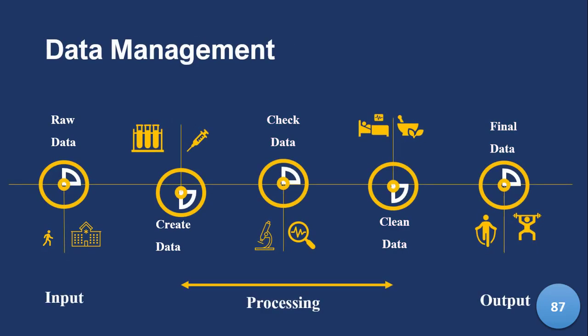So just one more thing to add quickly. The raw data is seen as the input. It's like a machine in a factory: raw oranges come in through one part of the factory, and what comes out the other part is oranges. So create, check, and clean is what we call data processing.